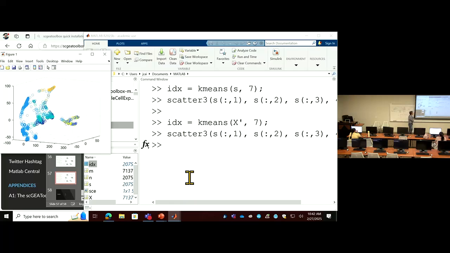So the reason is this extremely high dimension. There's some of the structure, so you cannot have a very good estimation of the real distance from one cell to another.